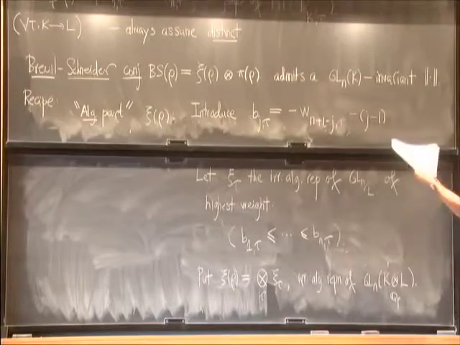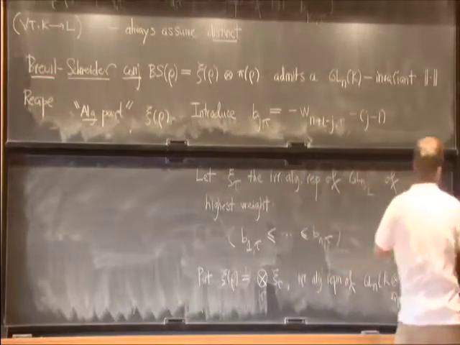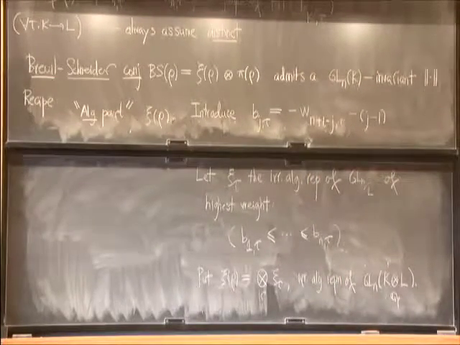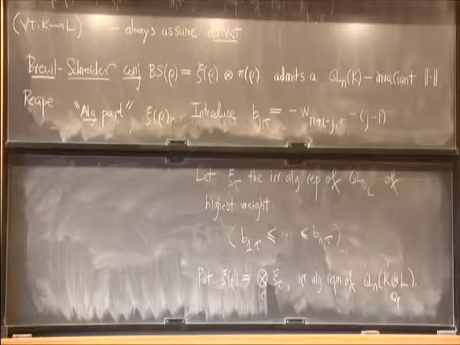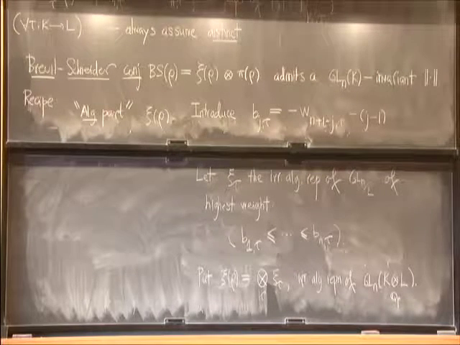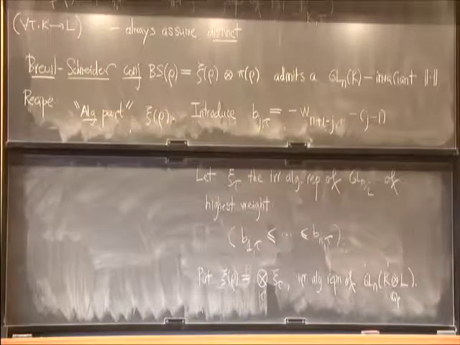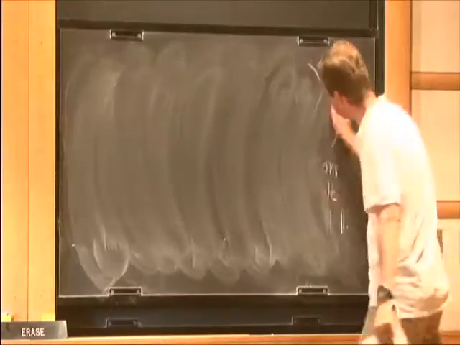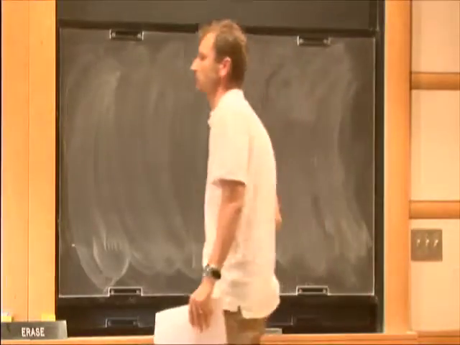And again, pi of rho is essentially just the local Langlands correspondence. So what's the smooth part?